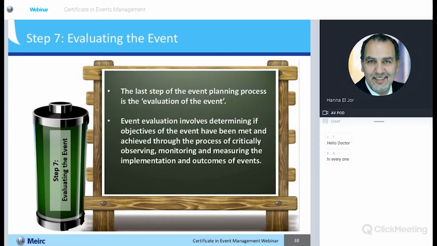This is when you, once again, set your goals, you organize, you lead, and then the evaluation part, which is the last part of any of your tasks, of any of your events, is to evaluate. Always, we also make the confusion between assessment and evaluation. Assessment is the measuring part.